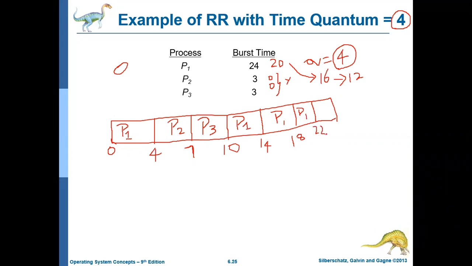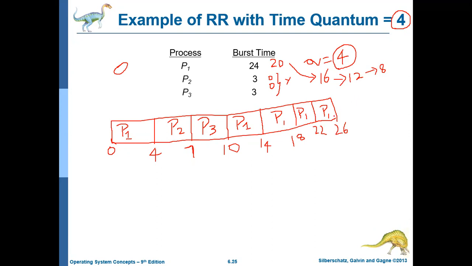As there is no other process in the ready queue, P1 will keep continuing. After 22 milliseconds, the leftover is 8 milliseconds, and it will continue up to 26 milliseconds.